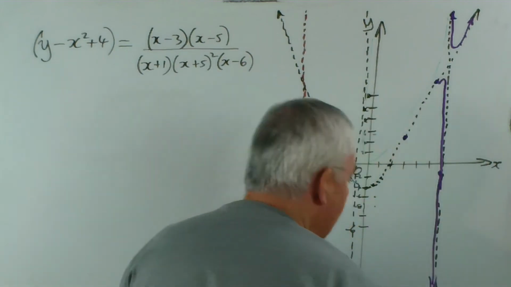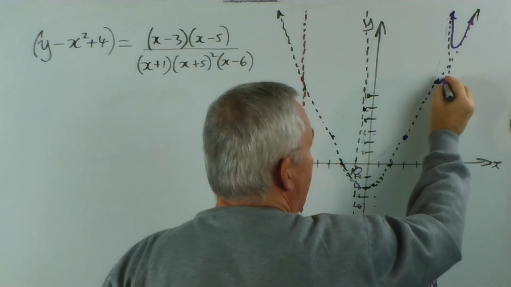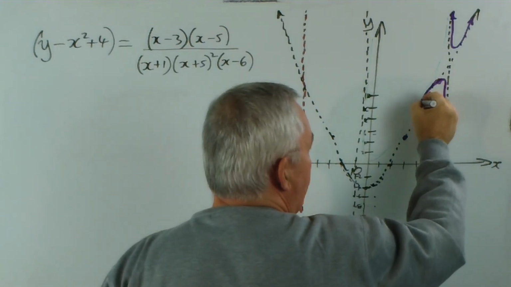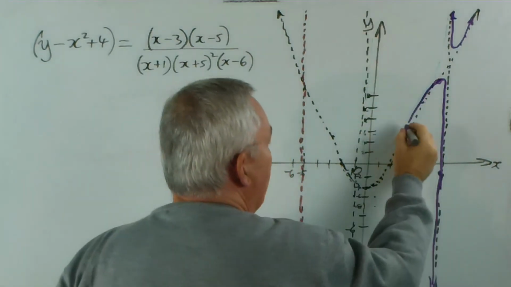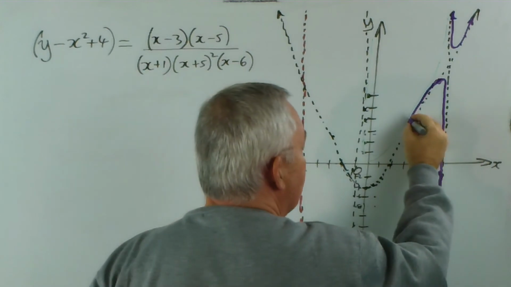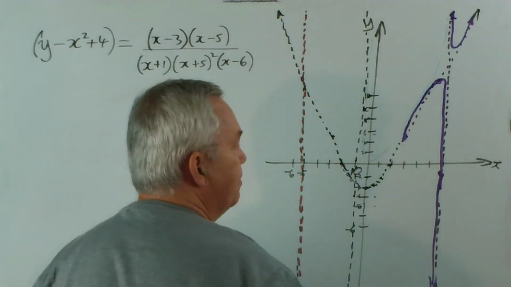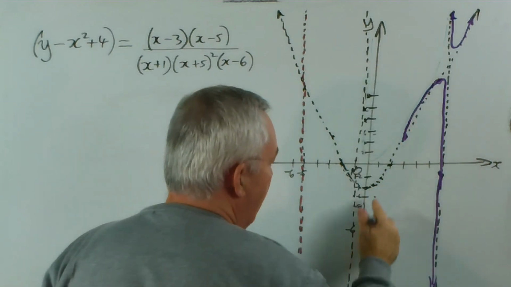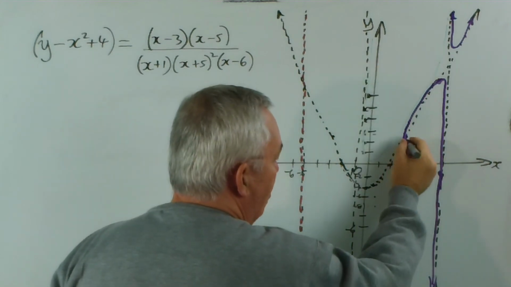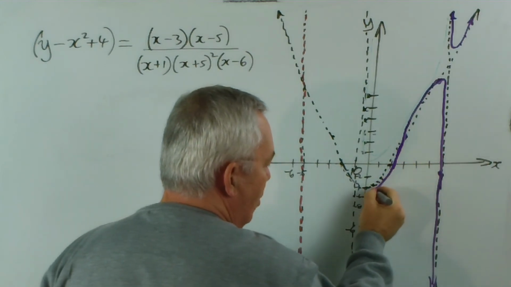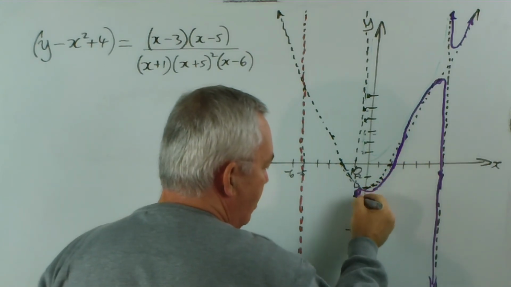So it's going to jump through the asymptote here and try and follow this line down to head back up. But once it reaches this point at x equals 3, there's another change of sign, so it ducks back through. And it ends up not continuing there, but actually heading back down again. Now, not only that, it's got to follow the parabola around a little bit and do that.